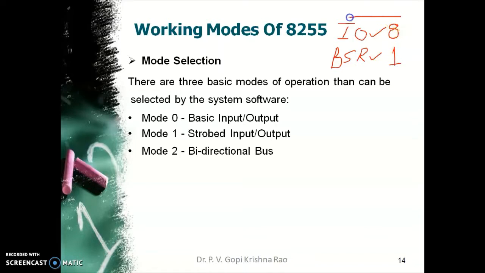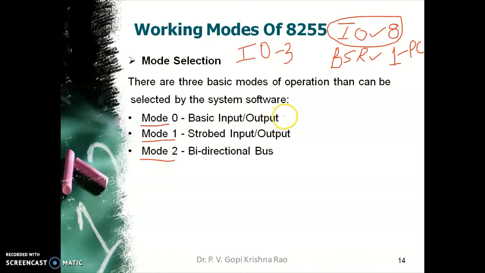The basic operation of 8255 lies in the IO mode of operation, where all the ports, port A, port B, port C, can be used, whereas in BSR mode you can only use port C. So in IO mode of operation, 8255 can be operated in three modes called mode 0, mode 1 and mode 2 of operation.